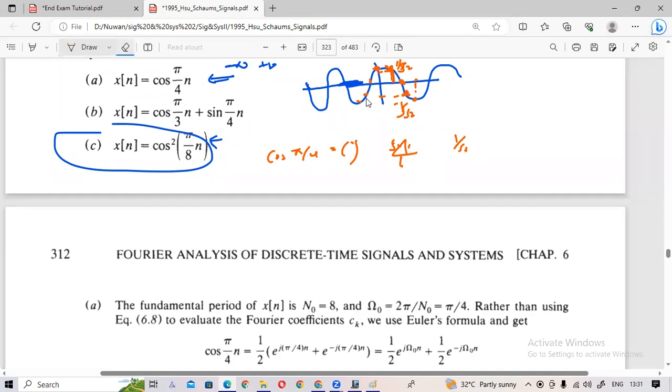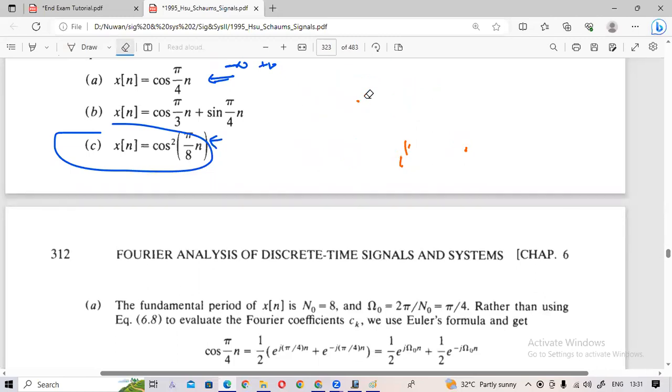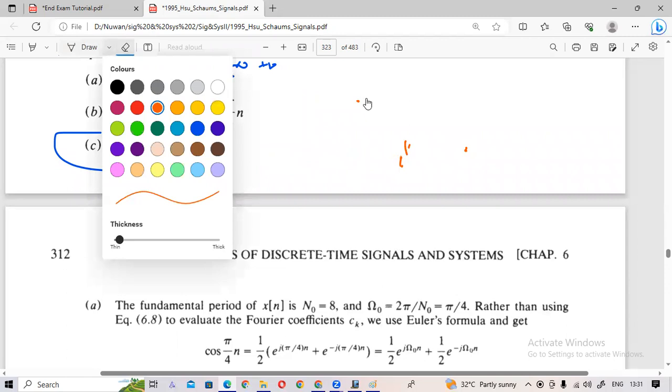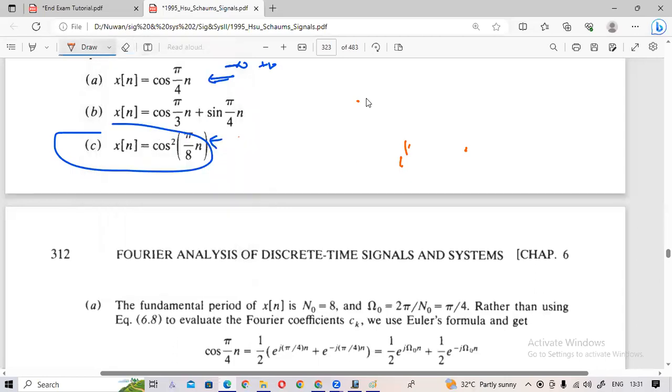I will draw it again. Normal cos signal will look like this.